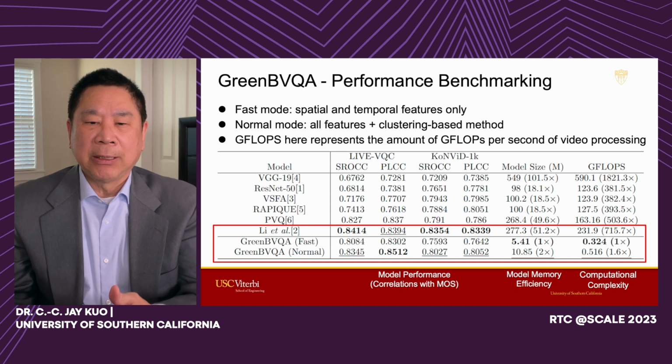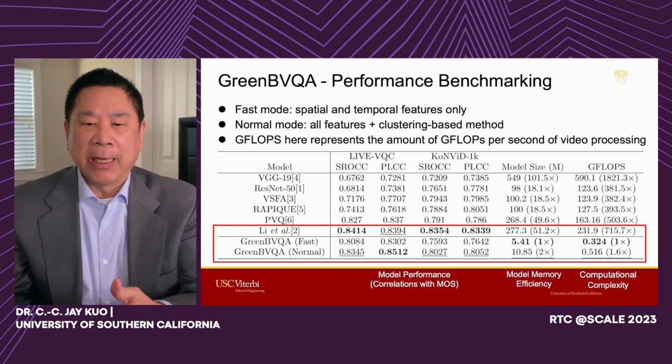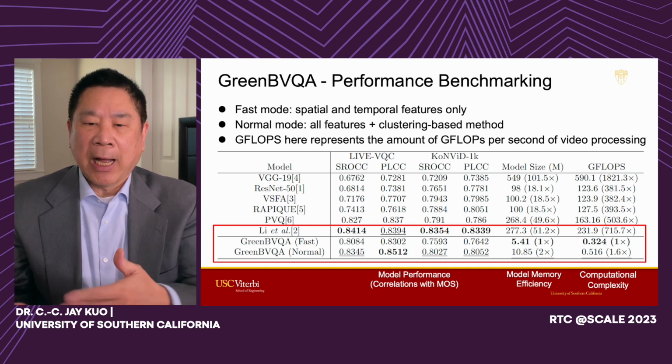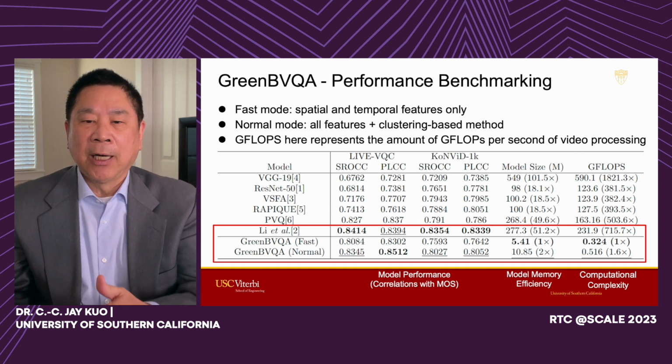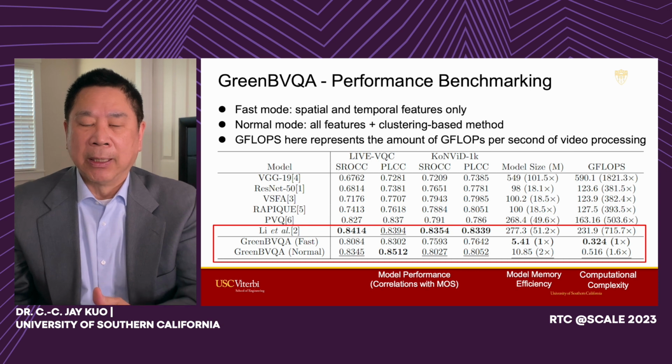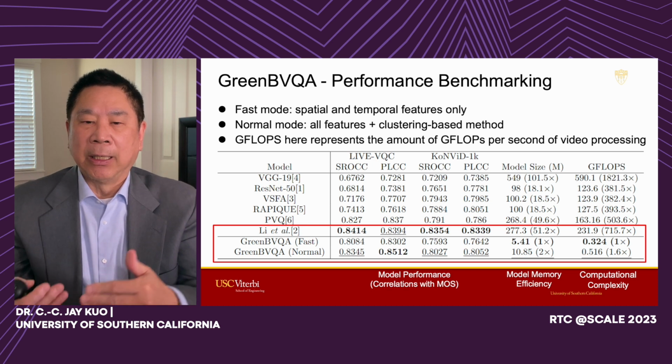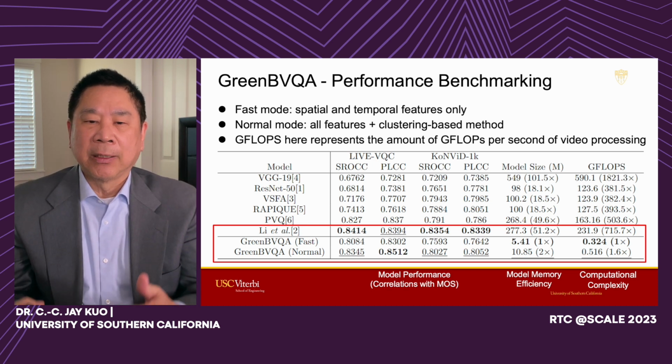You can see that in memory size, the method by Li is 50 times that of our method. And in terms of computational complexity, it is 715 times that of our solution. So this high complexity and high model size make them not attractive for real-time communication purposes.